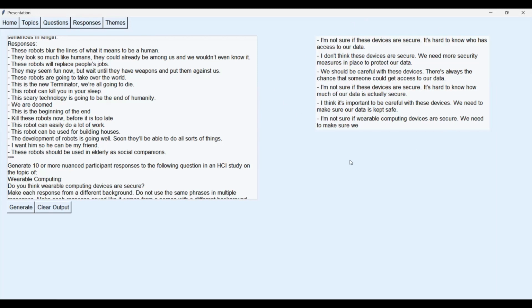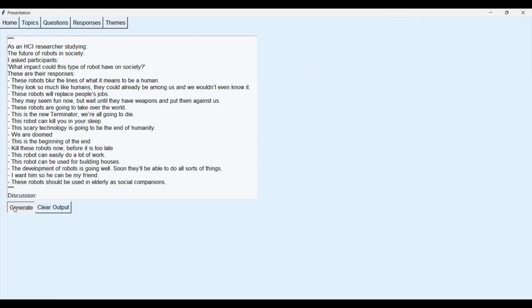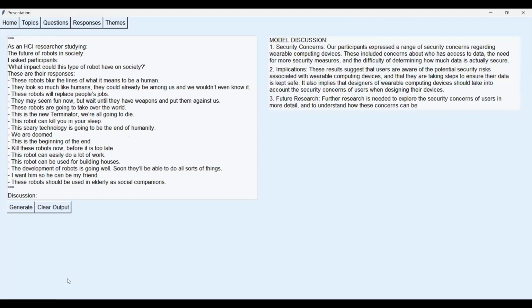But here we have a reasonable set of responses that we can then use again to generate a set of themes for this set of data that we've just generated. And so here the model identifies 3 themes within that data: security concerns, implications, and future research.